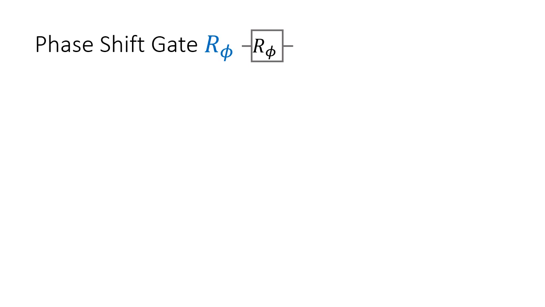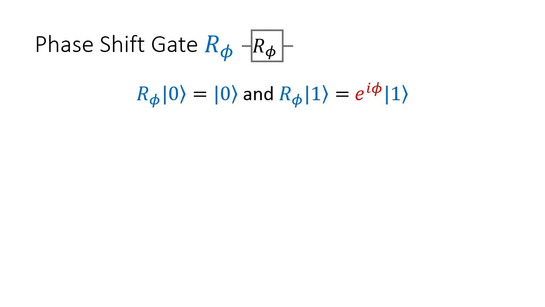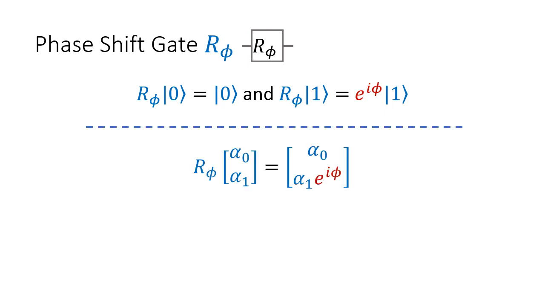For the Phaseflip gate R phi, the schematic diagram is R phi. The function of the Phaseflip gate is to keep state 0 intact, while state 1 we will multiply a phase on it, that is e to the i phi.